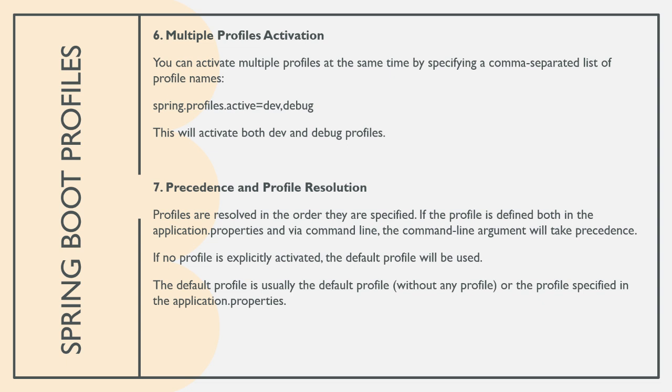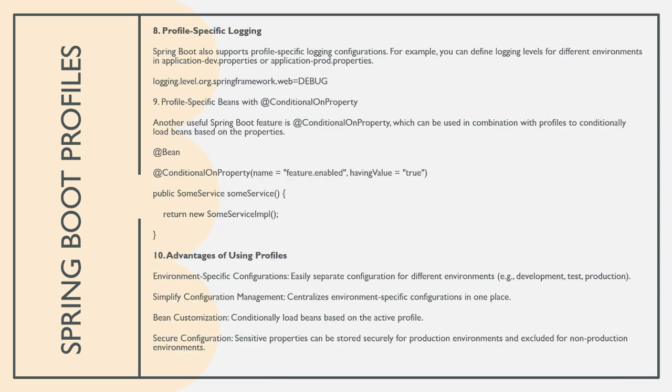The profiles are resolved in the order they are specified. If the profile is defined both in application.properties and via the command line, the command line will take precedence over application.properties. But if no profile is explicitly activated, the default profile will be used. The default properties are usually those without any profile, or using the profile specified in application.properties. That's where it will take from.